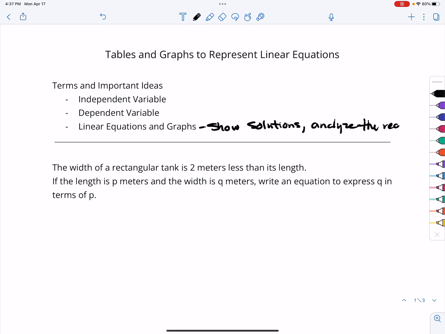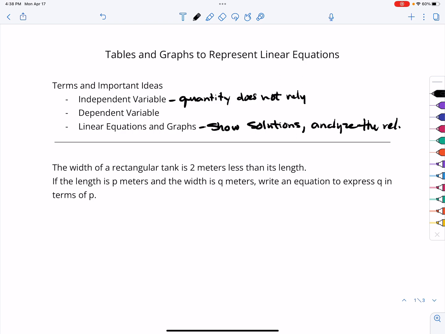between some two quantities. So when we get into this, an independent variable is the variable or the quantity that does not rely on anything else. If you're talking about how far you travel at a certain speed, your independent variable would be something like I drove for 2 hours.